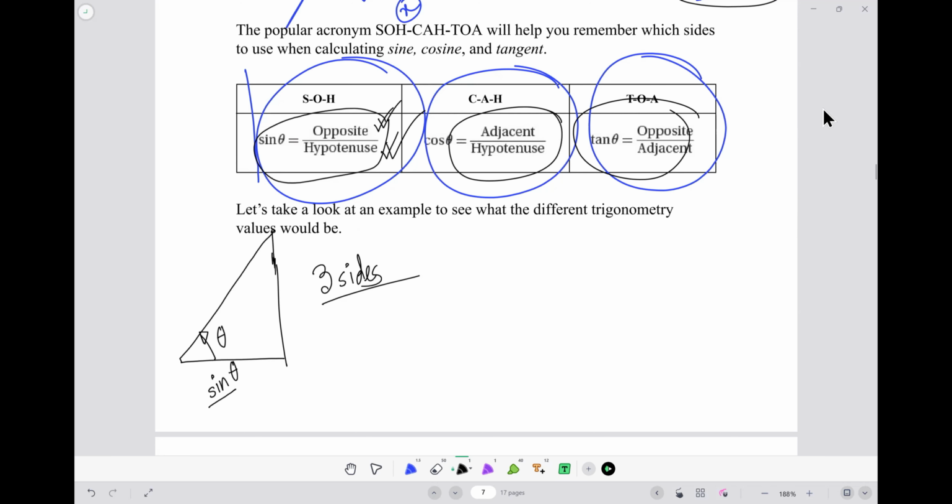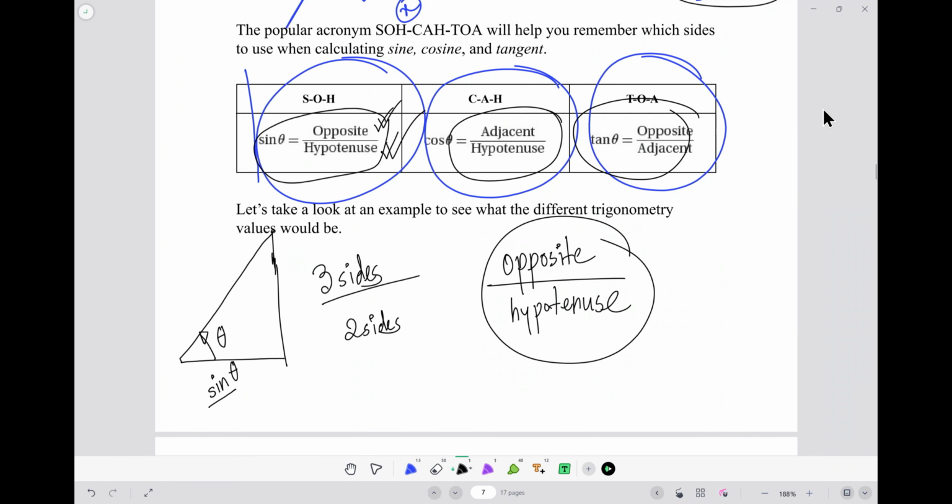For each combination we take two sides, because this is a ratio, for example, the opposite side divided by the hypotenuse.